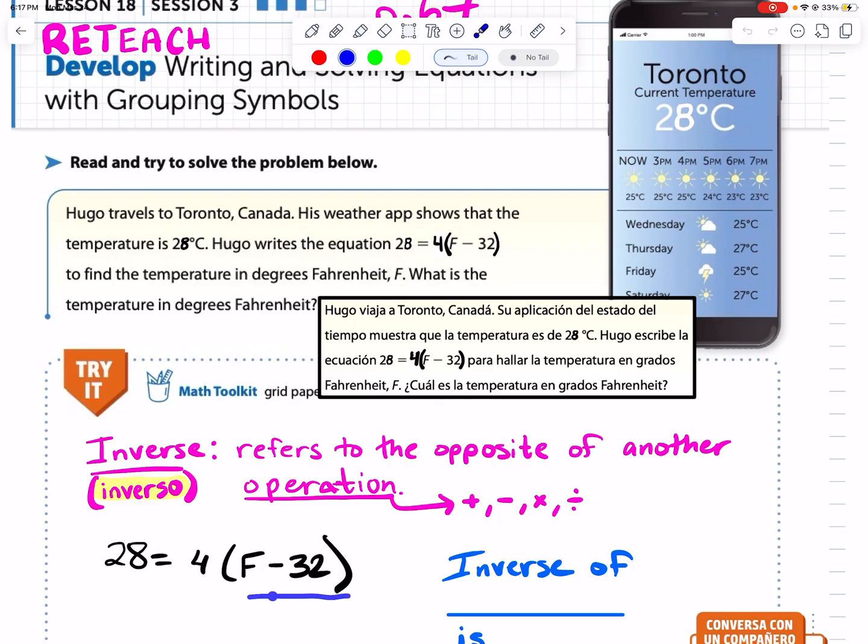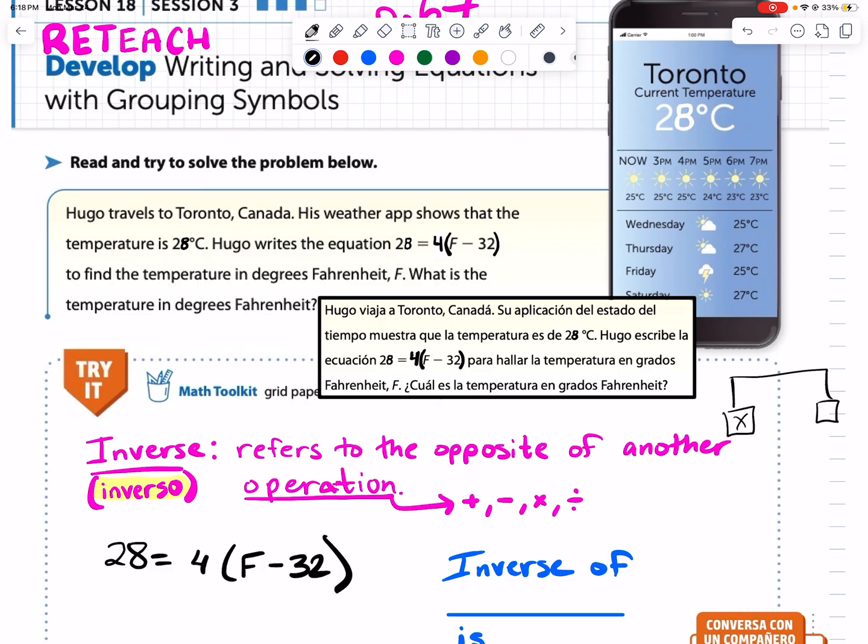So we're still using our same equation, but I wanted to go over something first. And that was something called inverse. We've been doing these since the beginning of the year, since the beginning of our anchor charts.